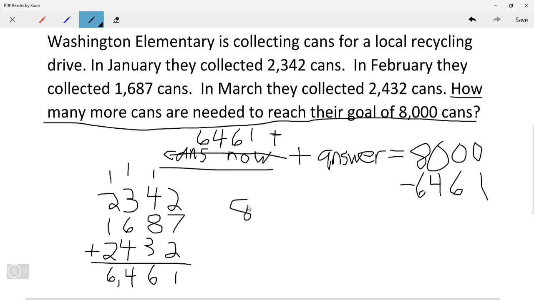That means 8,000 minus 6,461 equals the answer, right? So a missing addend problem is actually the same exact thing as a subtraction problem.